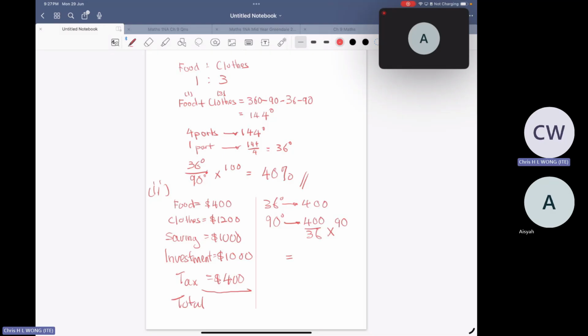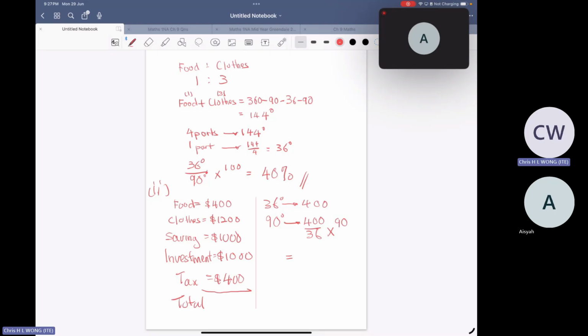Total, she spent 400 on food. She spent 1,200 on clothes. She spent 1,000 on investment. She spent 400 on tax. She saved 1,000. This is the total she earned per month, right? You add up all that. She can only pay for those that she has.